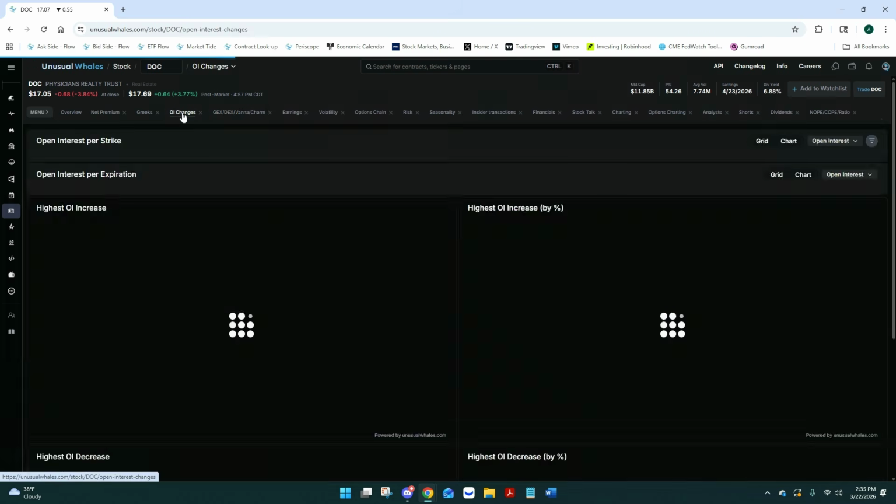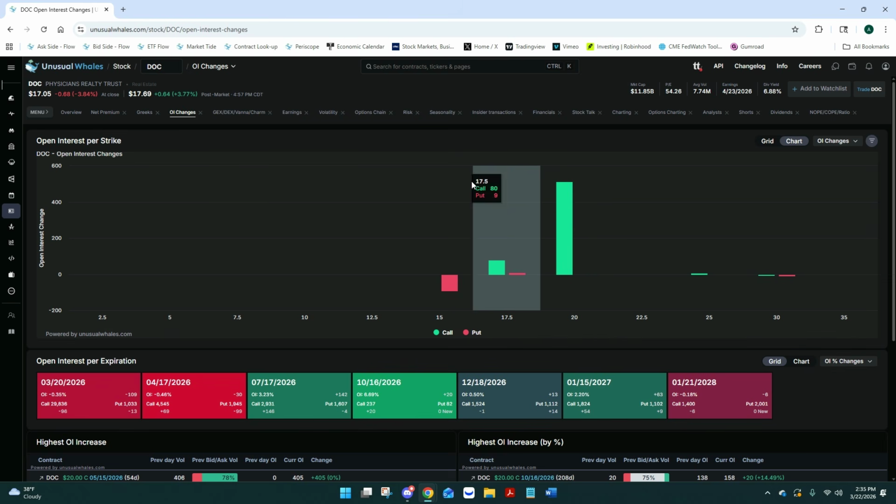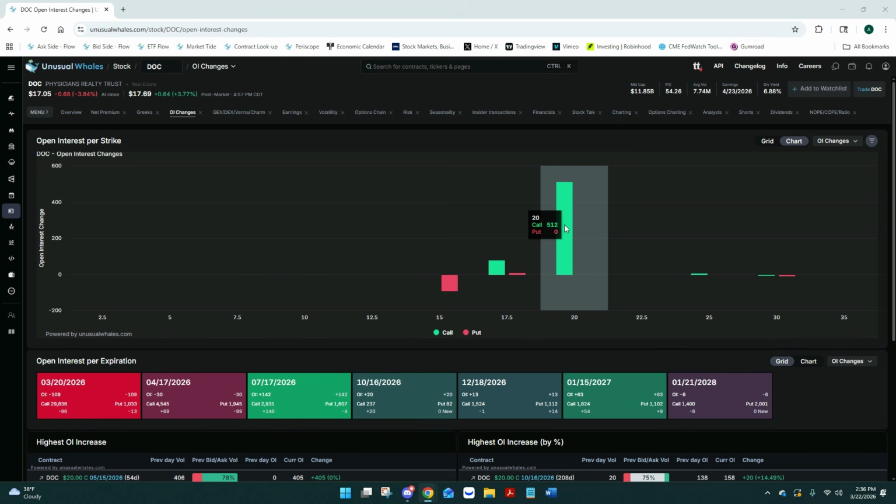So let's go look at our open interest changes. There's our 20 call, seeing a lot of action there. This one doesn't have a ton of expirations, so it's a lot easier to find something on, I would say, versus NVIDIA. So we are looking for that 20 strike here.